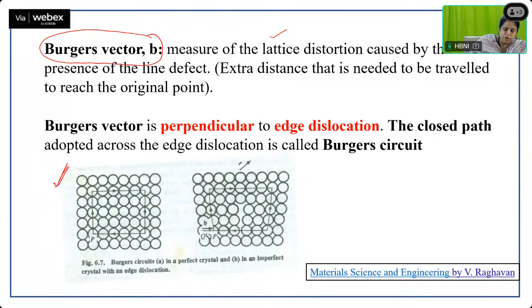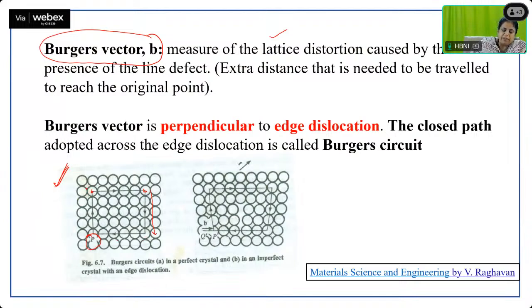Let me start from the point P. If it is a perfectly crystalline material without any dislocation, what will happen is, let's say I move 5 interatomic distances towards the top, I end here. I move 5 interatomic distances in the right direction, I end here. I move another 5 interatomic distances in the bottom direction, I end up here.